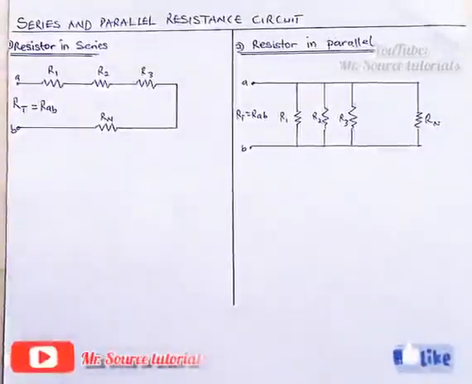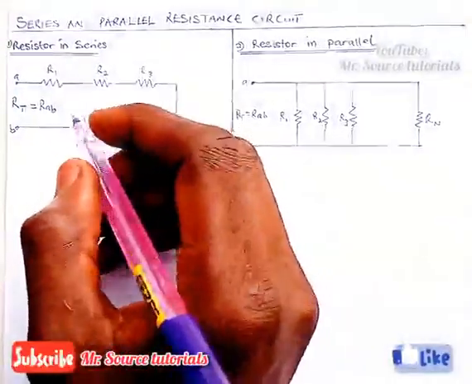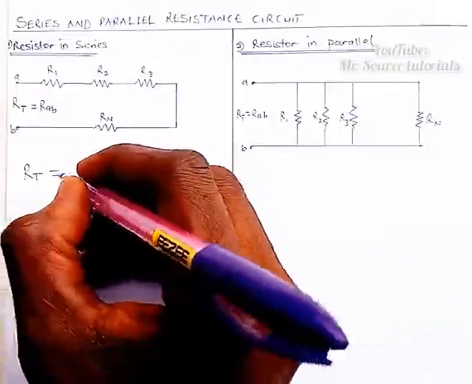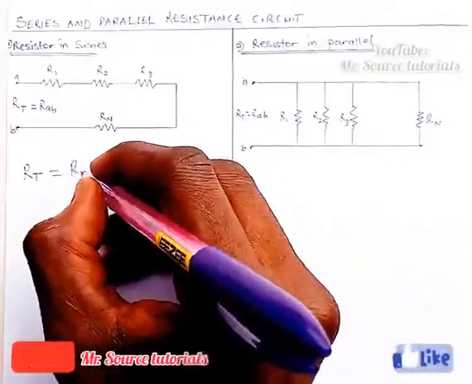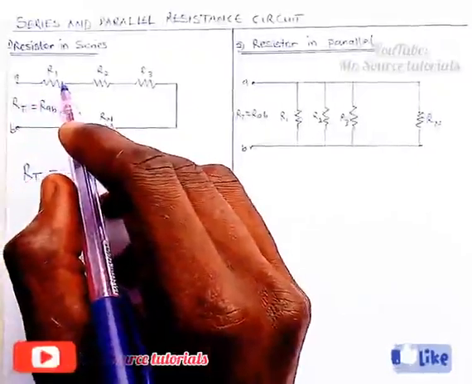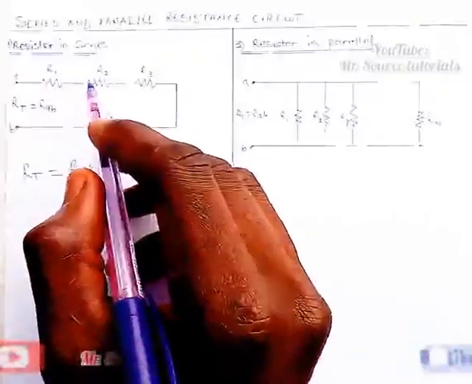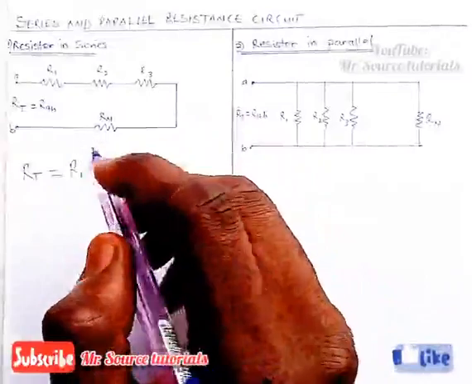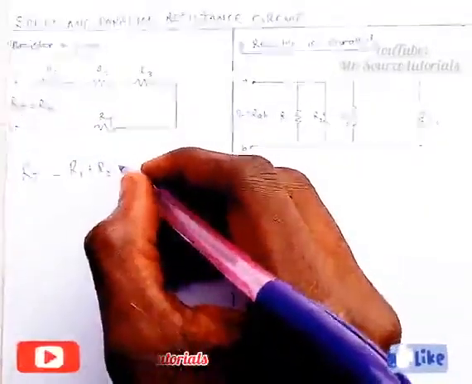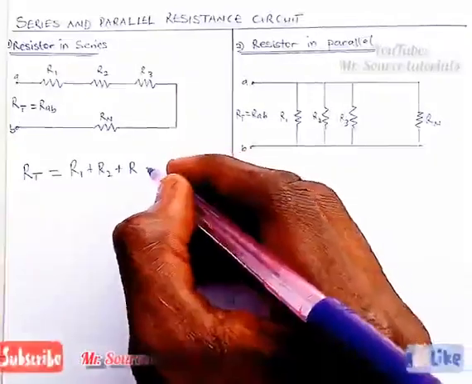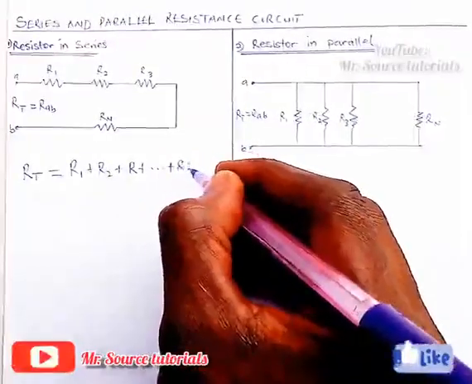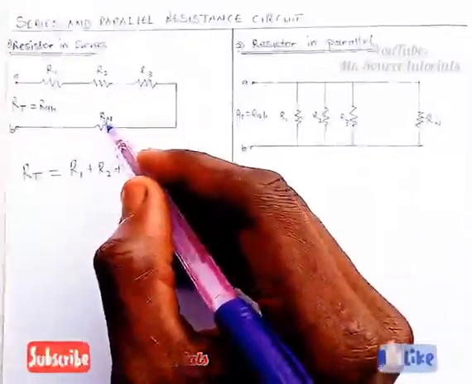For the total resistance of a series circuit, you have that RT is equal to R1 plus R2, because it is connected head to tail, plus R3, and it will continue to plus Rn.